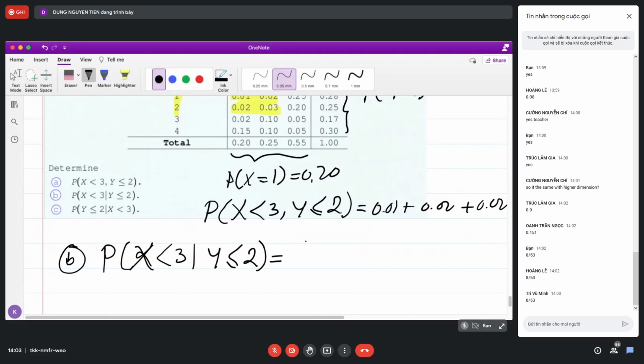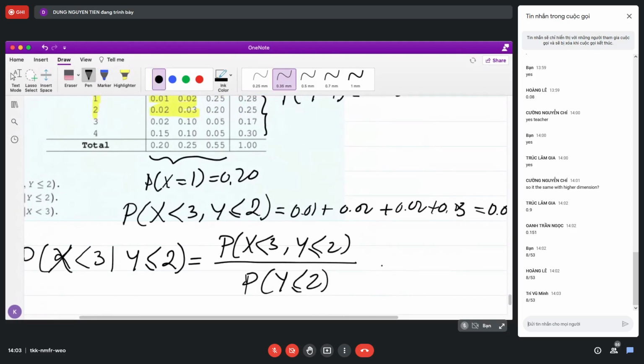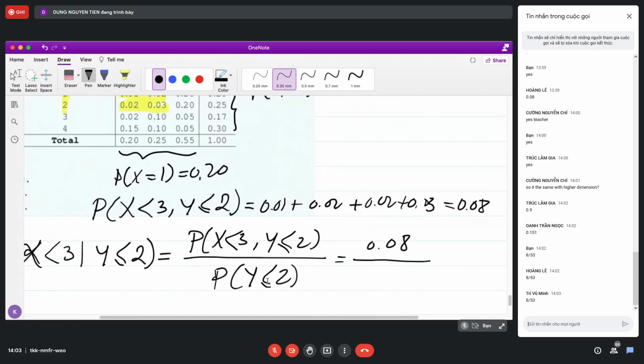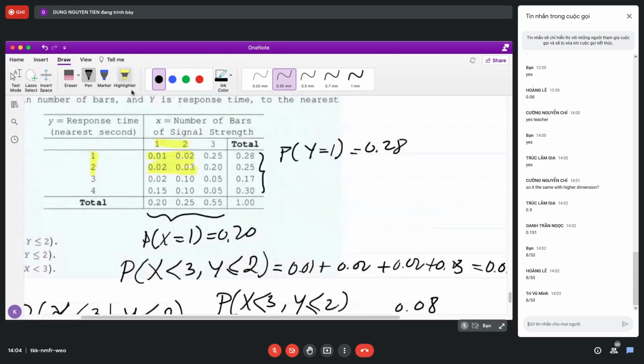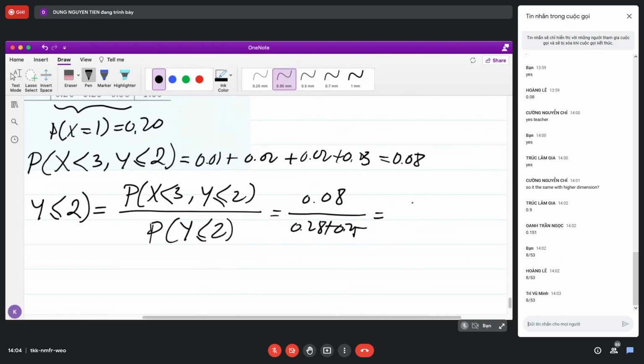It should be the probability that x is less than 3 and y is less than or equal to 2, divided by the probability that y is less than or equal to 2, right? The numerator is 0.08, I think. And the denominator is the probability that y is less than or equal to 2, which gives you 0.28 and 0.25. So I get 0.28 plus 0.25, and then you get 8 over 53. Is that clear?